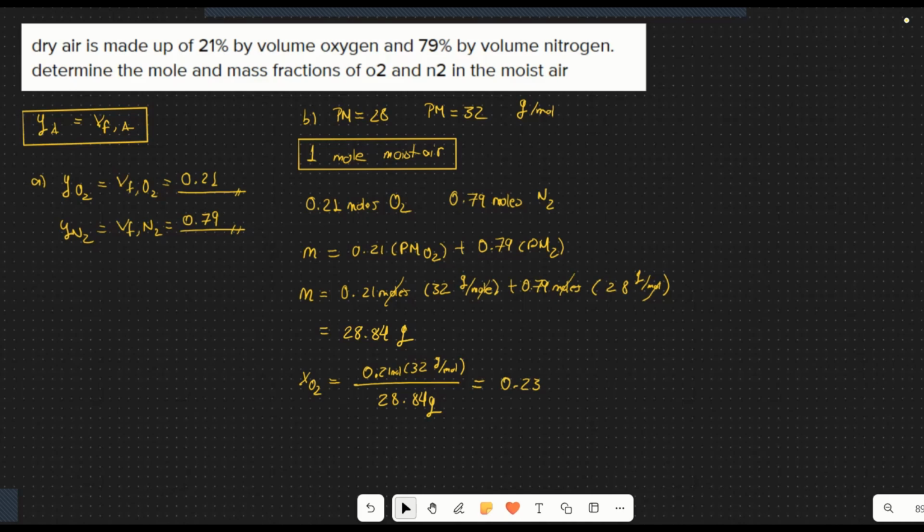We did the same with nitrogen, or there's another way to do so. We're going to cross that bridge when we come to it. So we have 0.79 moles of nitrogen. The molecular weight of nitrogen is 28 grams per mole.